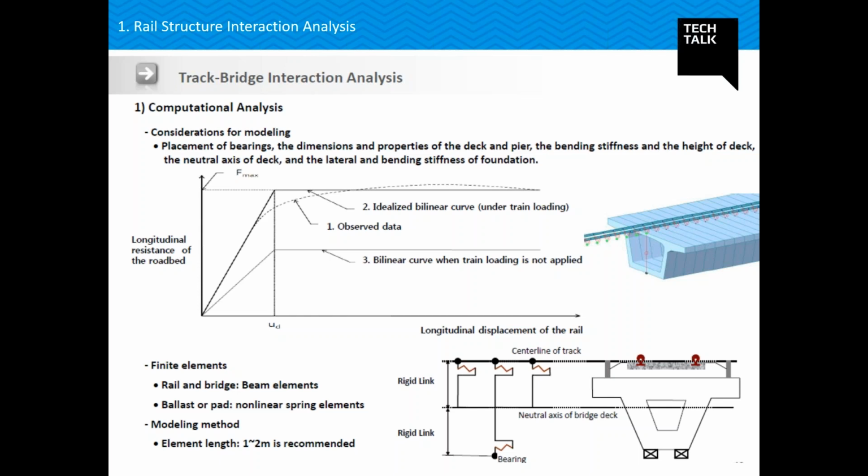My rail will be modeled as a beam, my deck will be modeled as beams, and my columns as well, if I'm modeling them, will be modeled as beams. Okay, so the main thing which will govern this analysis is the modeling of my ballast or concrete bed, whatever it is in your case.